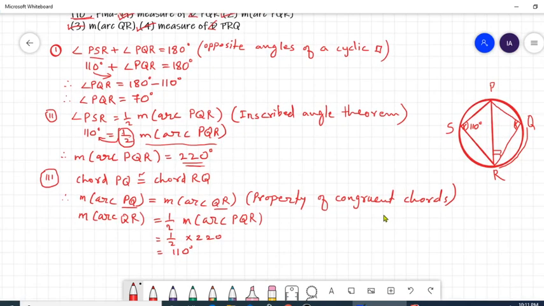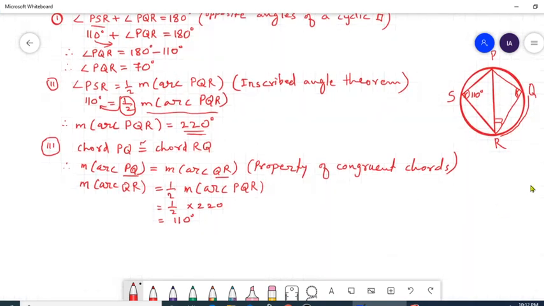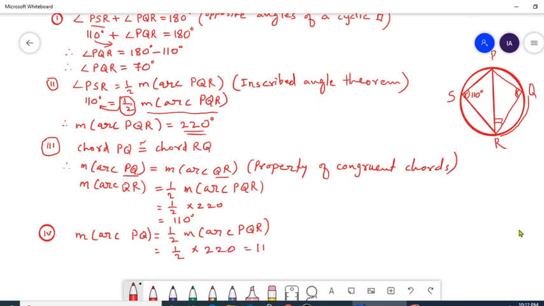So the fourth question can be solved as: major arc PQ is also half of major arc PQR, so half of 220 is 110 degrees.